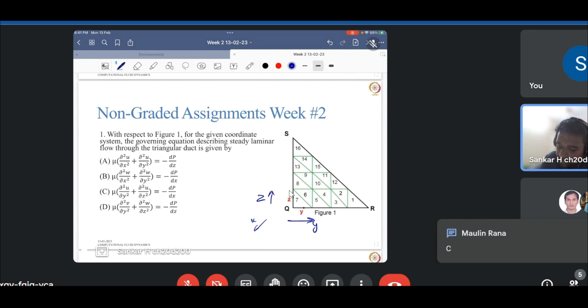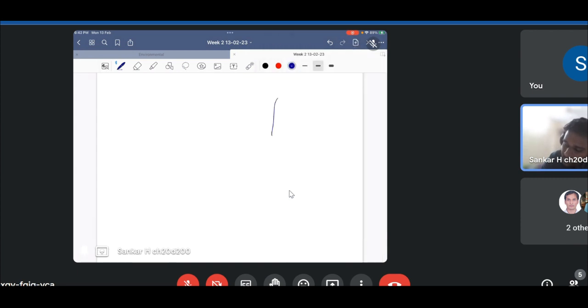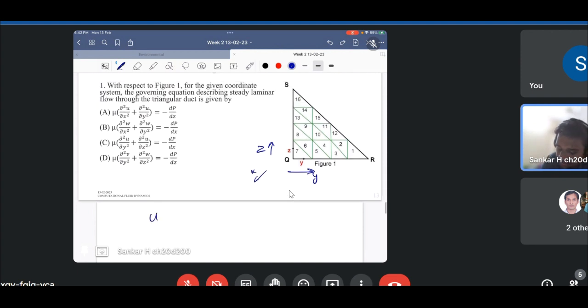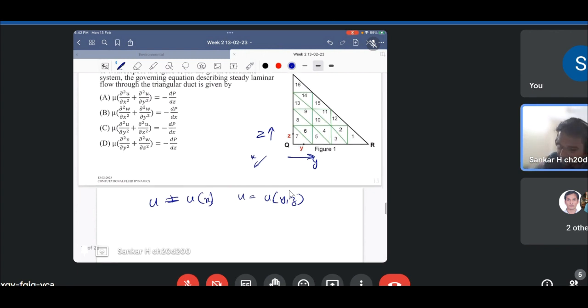When we solve this, we know that for a fully developed laminar flow, u is not a function of x, whereas u is a function of y and z, because there will be variations along the y and z direction, but axially there won't be any change for a fully developed flow.